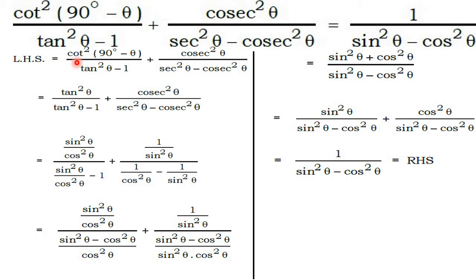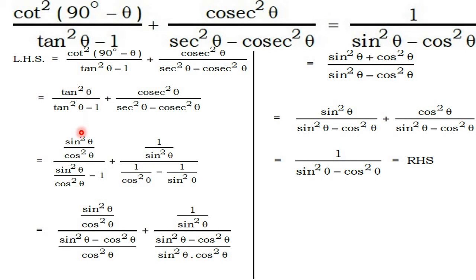Already we know that cot of (90 minus theta), according to our complementary angles, is nothing but tan theta. So it becomes tan square theta, and the denominator as it is. Now let us write tan theta as sin theta by cos theta.